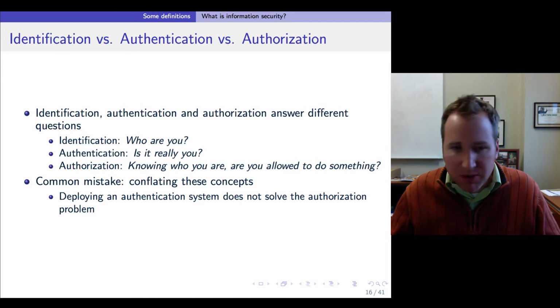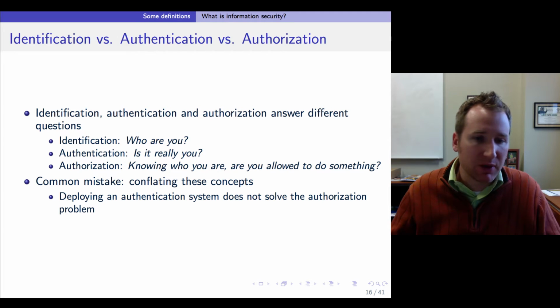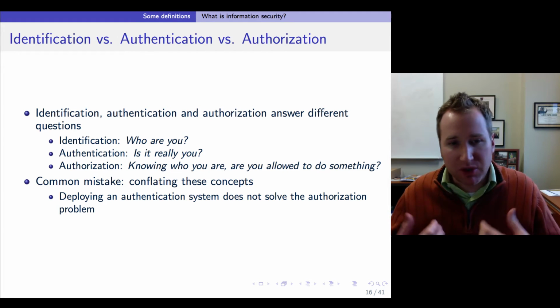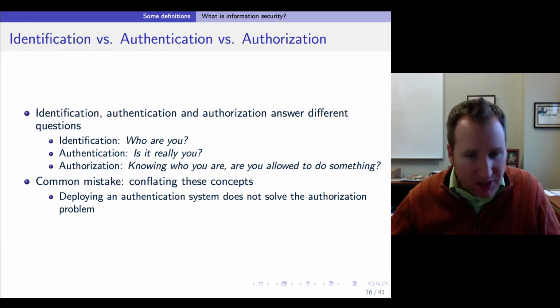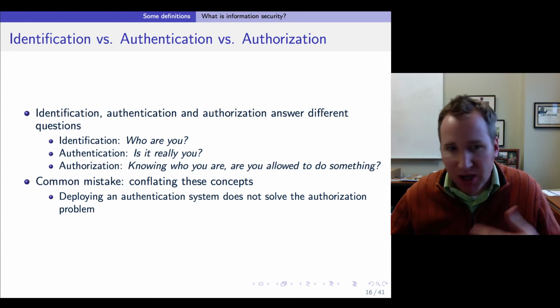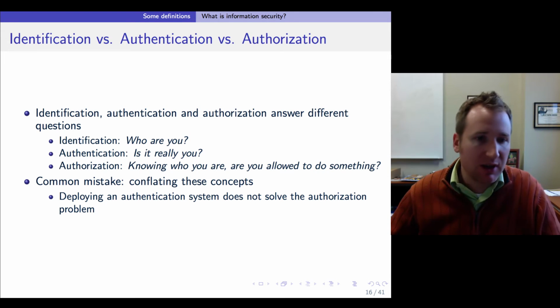It's very common to see people conflating these concepts. What you'll often see is that people will suggest a technical solution that may provide authentication, say a biometric that reads your iris or takes your fingerprint.